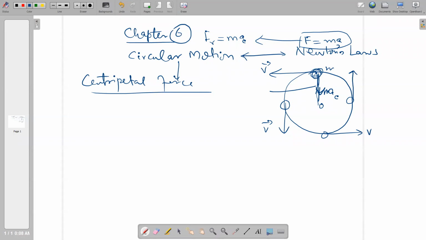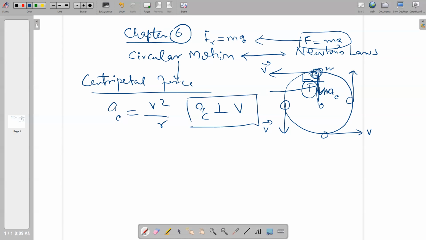Centripetal force itself is nothing. Tension is providing the centripetal force. So we normally write AC is equal to v square over r. In this formula, you remember that AC and v are perpendicular to each other. AC is perpendicular to v.